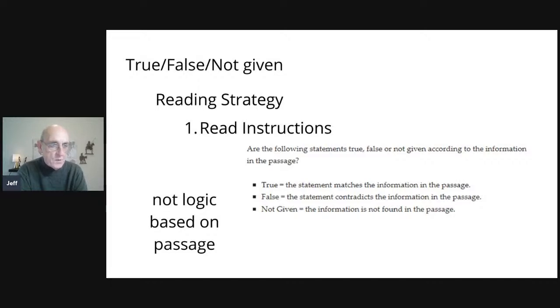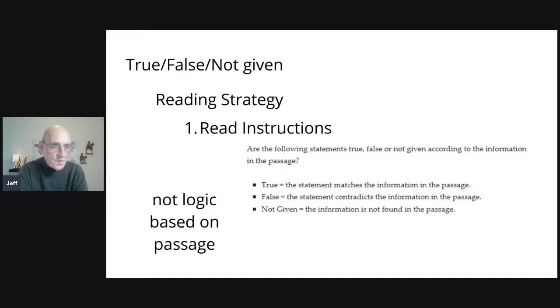They're not based on your experience, your opinion, or any prior knowledge that you may have on the topic. They are based completely on the passage. This is just one example of why it's so important to read the instructions, because if you read the instructions, this will be made clear to you.